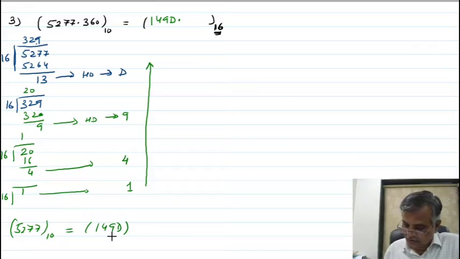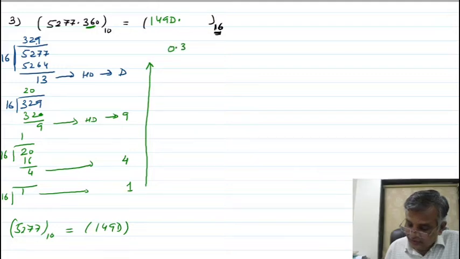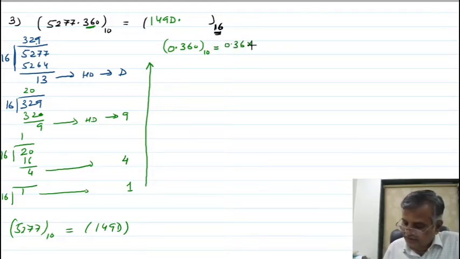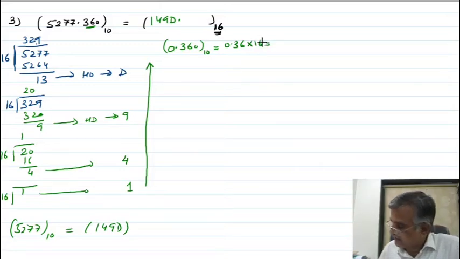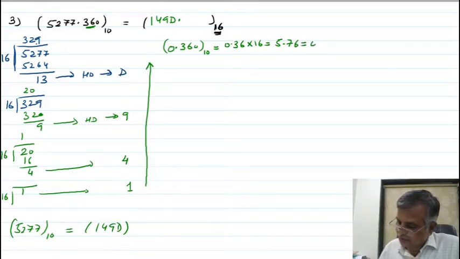Now let us convert this fraction decimal number into hexadecimal number. So what I'll do, 0.36 multiplied by 16, I'll get 5.76. So it is 0.76 with a carry of integer 5.